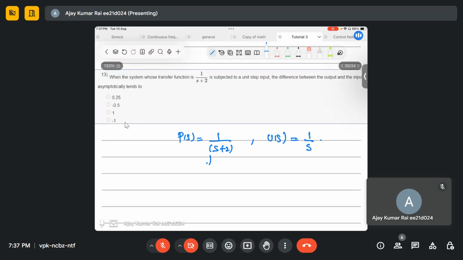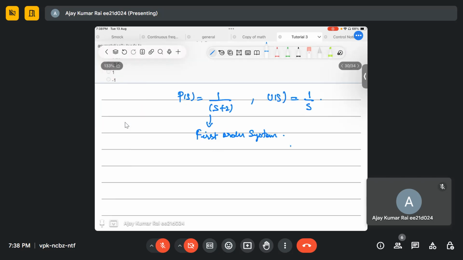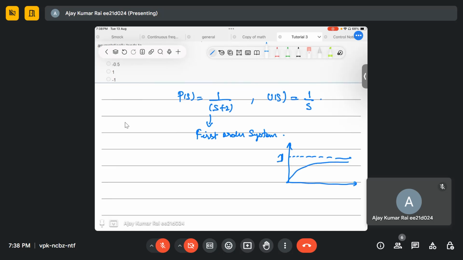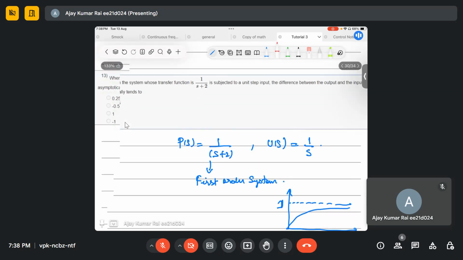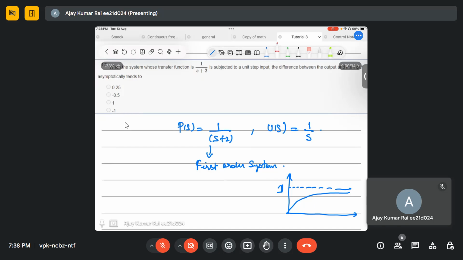This is a first order system, right? So basically this is 1, and your output will be like this. You'll have some error, the difference between output and input.